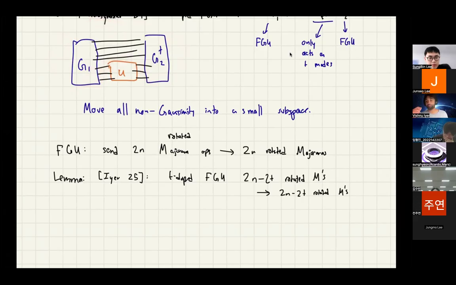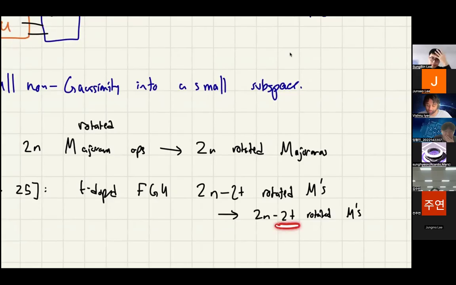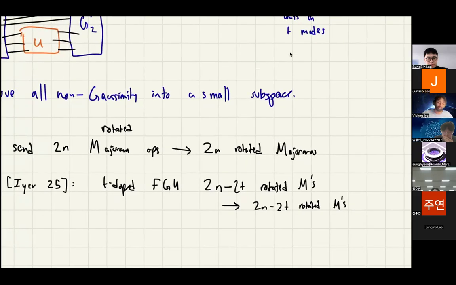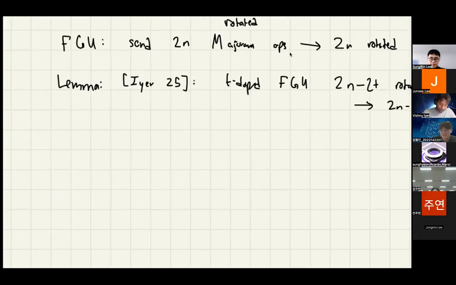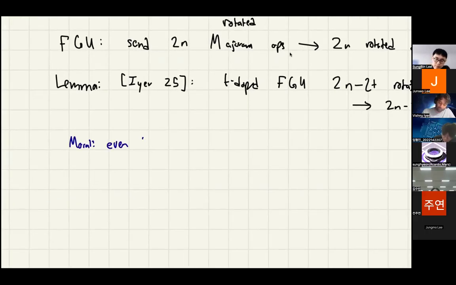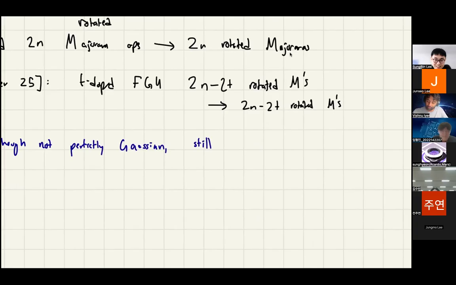This still behaves Gaussian, and then this part is the only thing that messes these things up. That's why we have a minus 2t here, okay? So the moral is that even though we're not perfectly Gaussian, we still have lots and lots of structure.